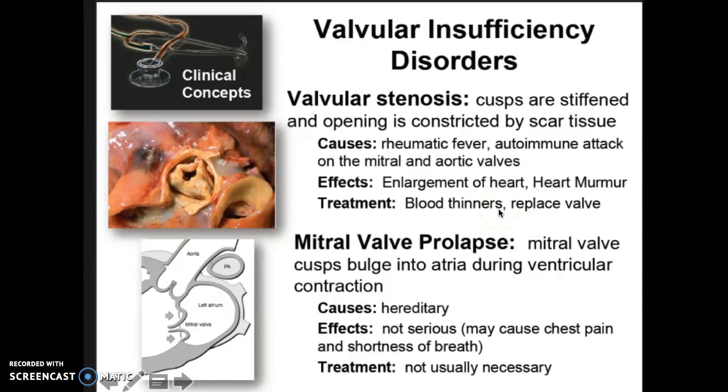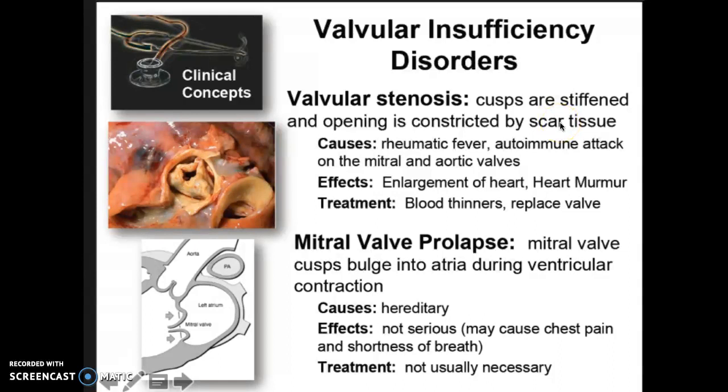Okay, so now let's look at some valvular disorders. These are called valvular insufficiency disorders. One is known as valvular stenosis and the other is mitral valve prolapse. Valvular stenosis is when the cusps of the valves are stiffened and the opening is constricted by scar tissue.